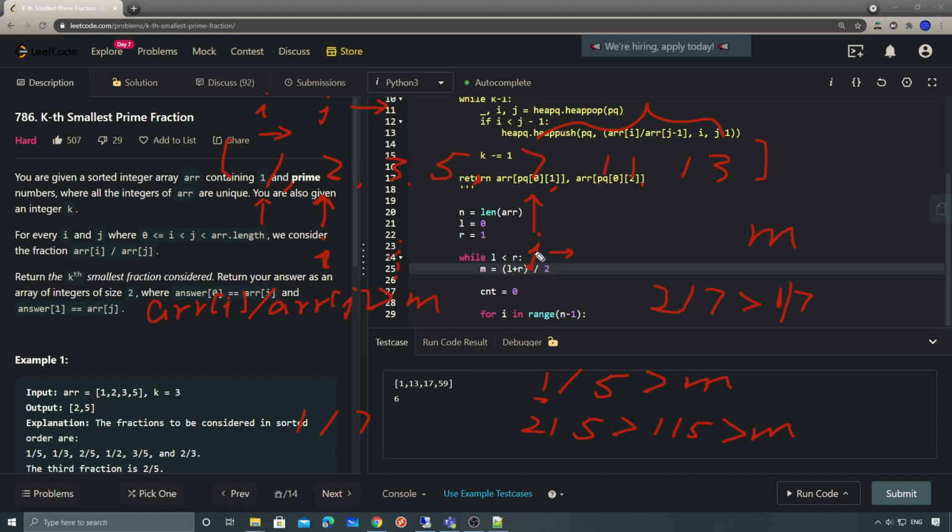So, as you can see, since I and J always move in one direction, this loop will be O of n time complexity.